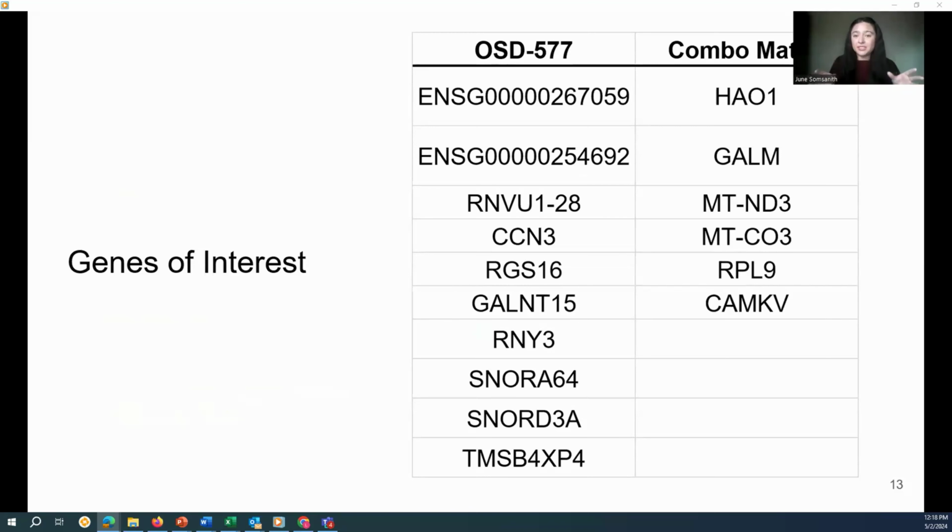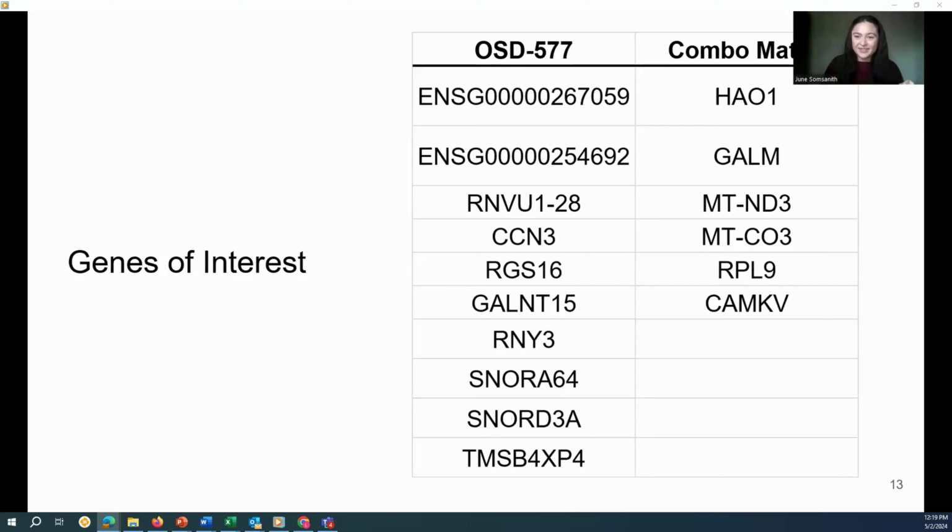And this whole radiation focused study that I've done is an offshoot of a larger combo matrix that I've been working on. And in that one, it doesn't necessarily focus on spaceflight. Or no, it focuses on spaceflight. I'm sorry, it doesn't necessarily focus on radiation.